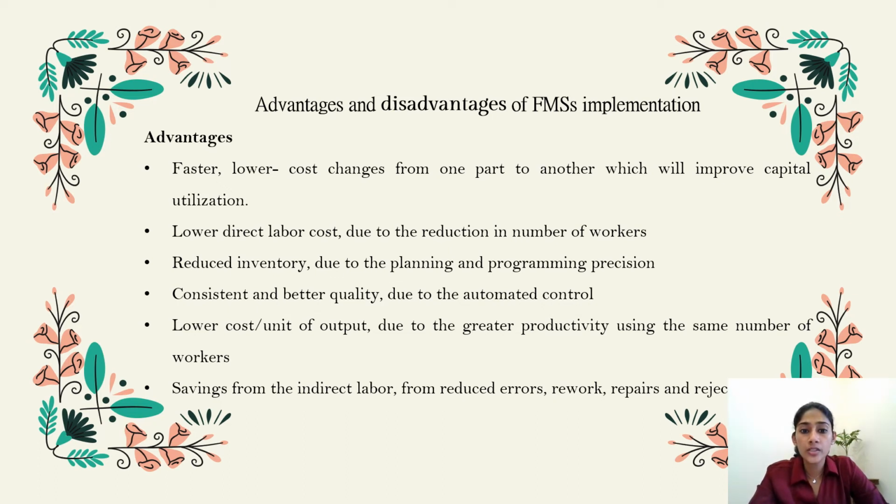Due to automated control, there is consistency and higher quality, and a lower cost per unit of output due to greater productivity using the same number of workers. And the last one is savings from indirect labor. It will reduce errors, repairs, reworks and rejections.